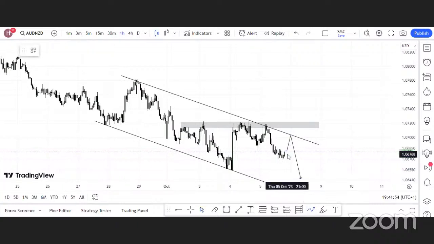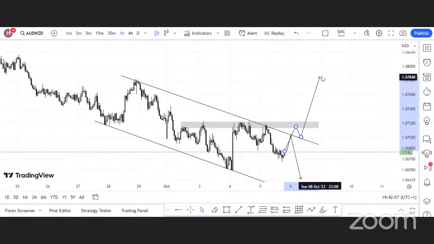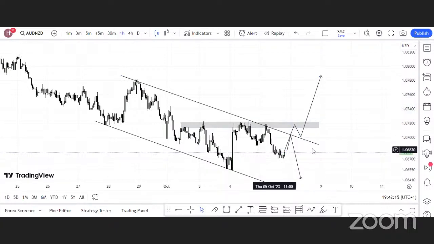Or if it doesn't happen that way, and the market just breaks out like this, it's going to come here, retest this, break this. So this could happen also. These are the two scenarios that are going to happen.